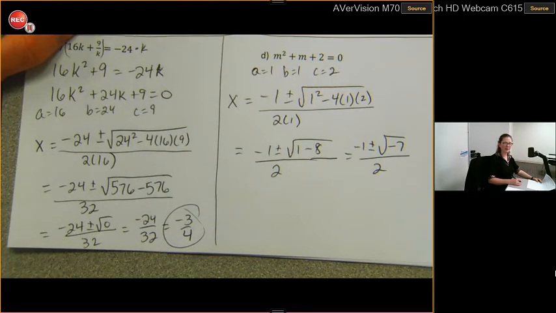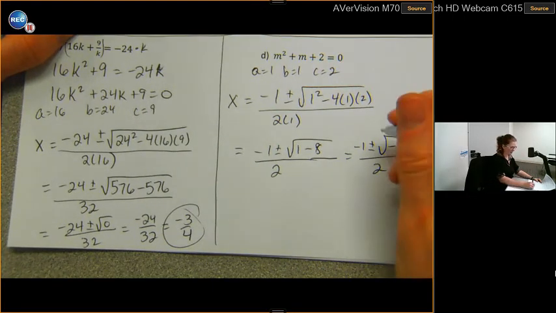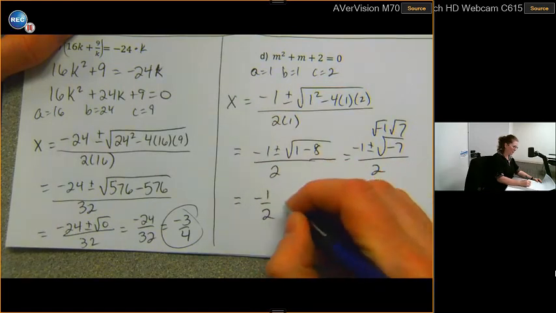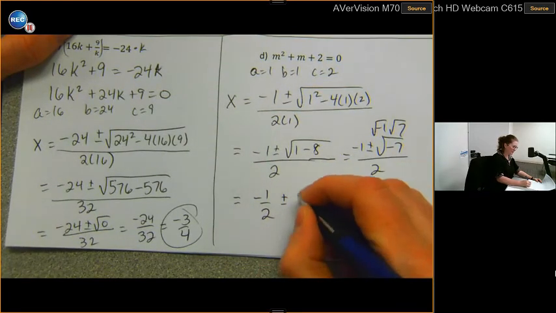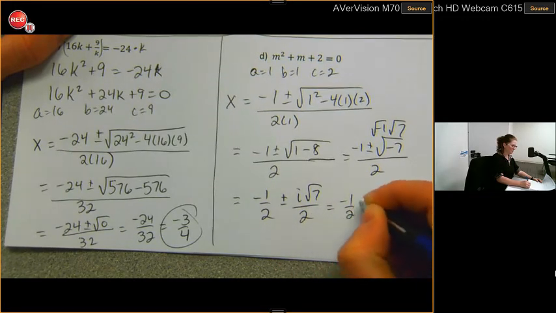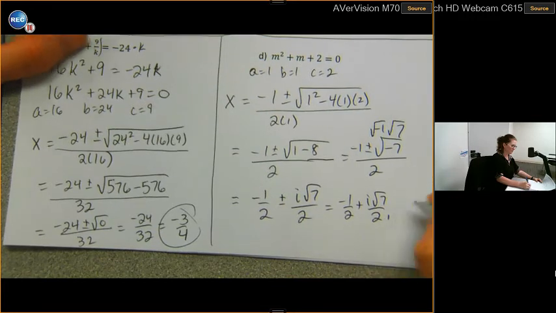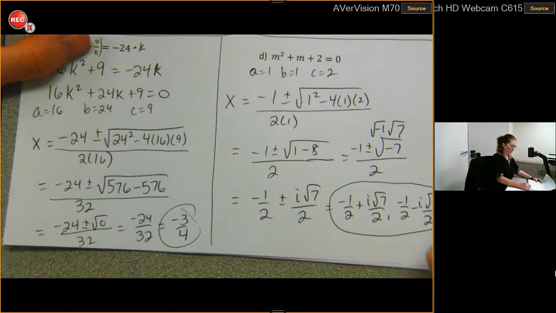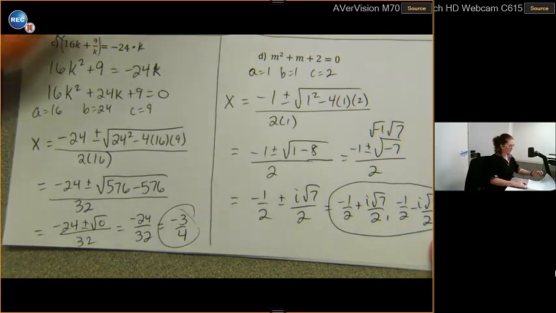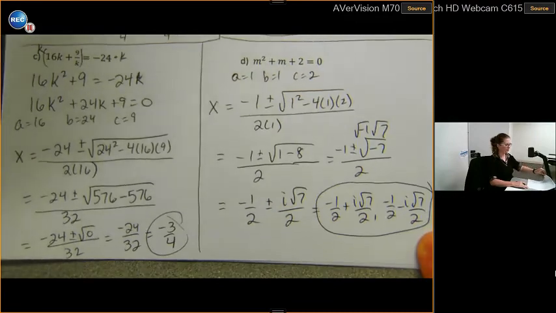So using our imaginary unit that we talked about in the last chapter, we have negative 1 and 7. And also splitting up the fraction, I have negative 1/2 plus or minus i square root of 7 over 2, or written as two separate answers. And that's how we use the quadratic formula to solve a problem.